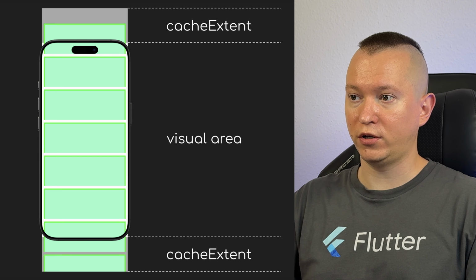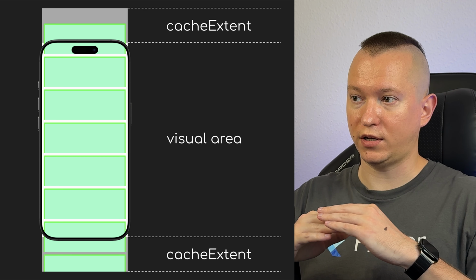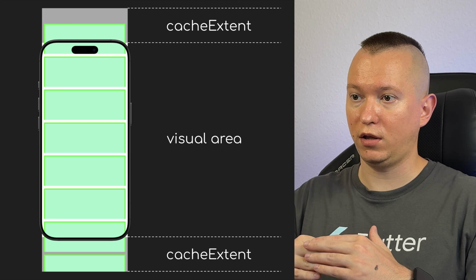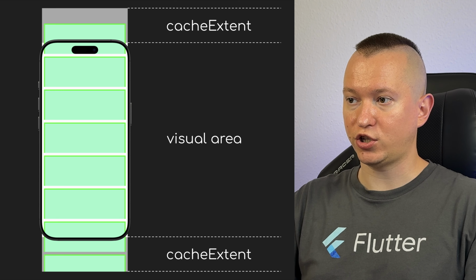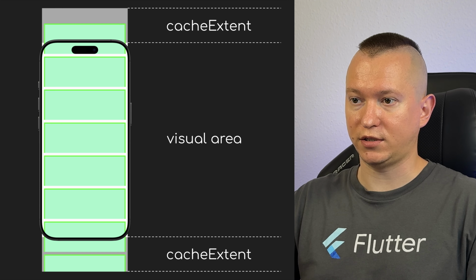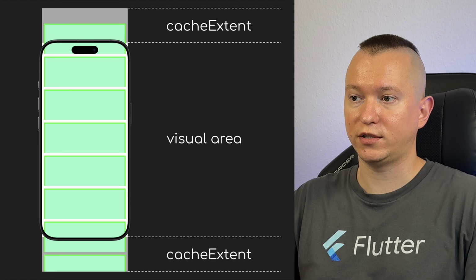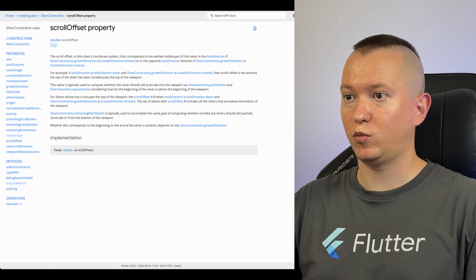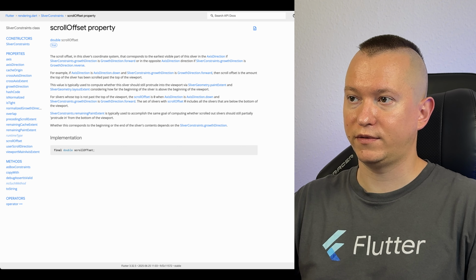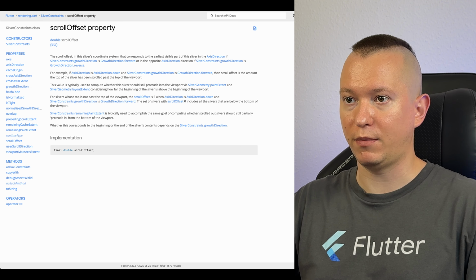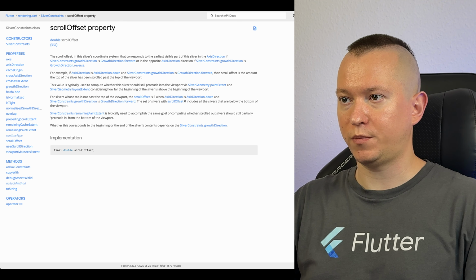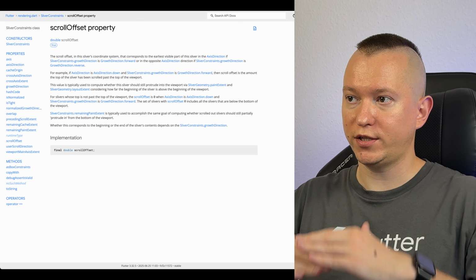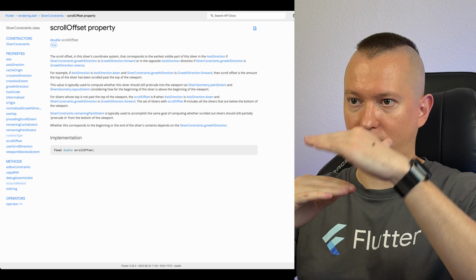There is no point in laying out portions that are no longer relevant, not even within any cache area. And this is where the relation of the scroll offset becomes essential for calculating what still needs to be built. And here it's worth remembering that while scroll offset does a good job of describing how far we scrolled, at its core it actually represents the offset of the first visible part of the sliver in the viewport.